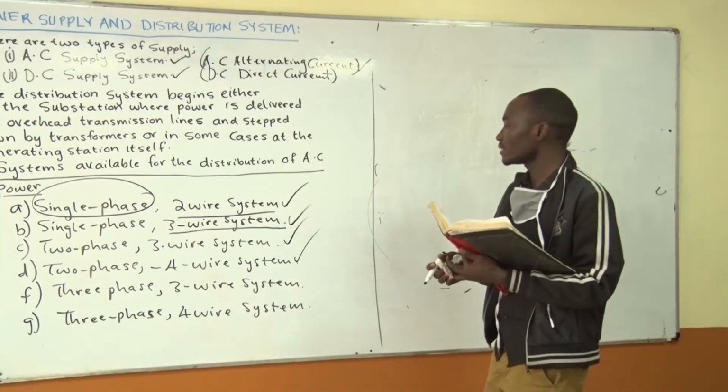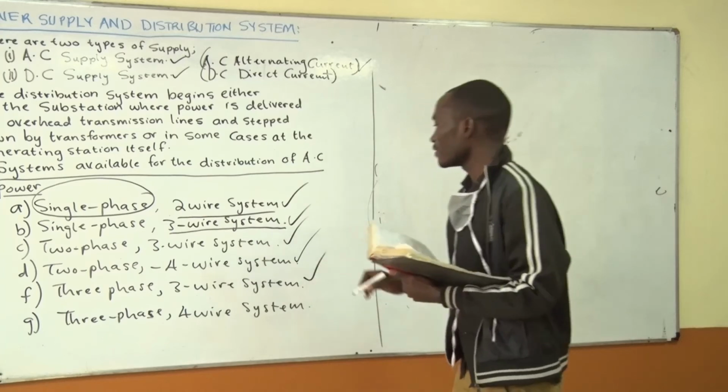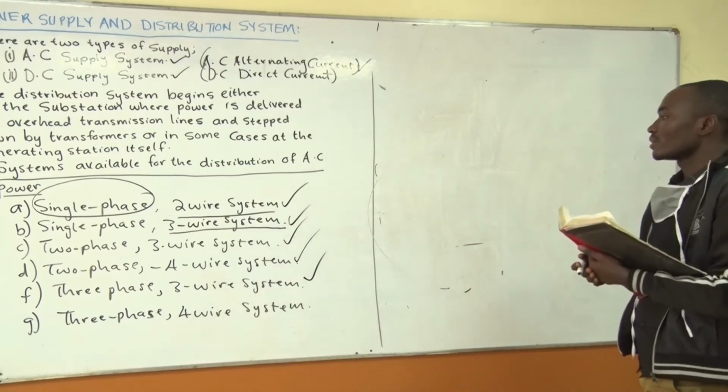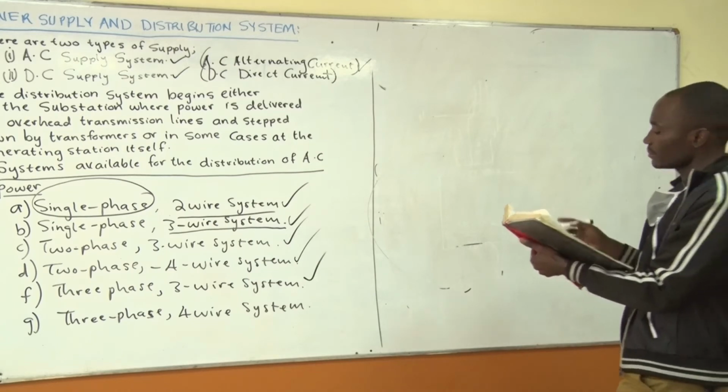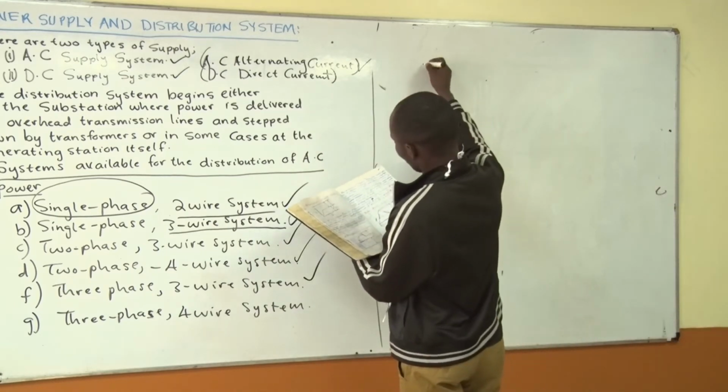So the other one is the 3-phase 3-wire system. This is how it is drawn.